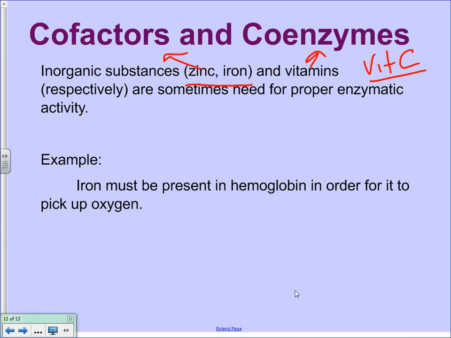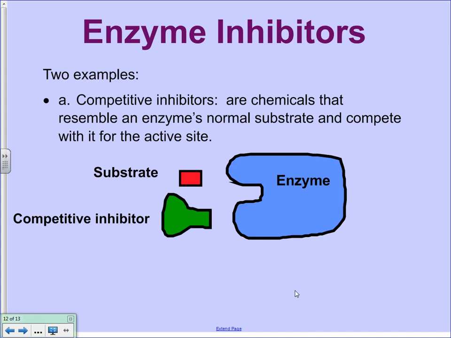We need zinc for the immune system, and iron must be present in hemoglobin in order for it to pick up oxygen. So these are two very important factors that are added into our enzymes to make them work more efficiently sometimes.